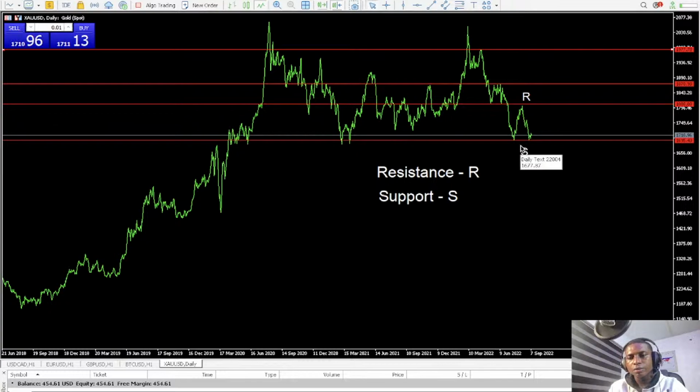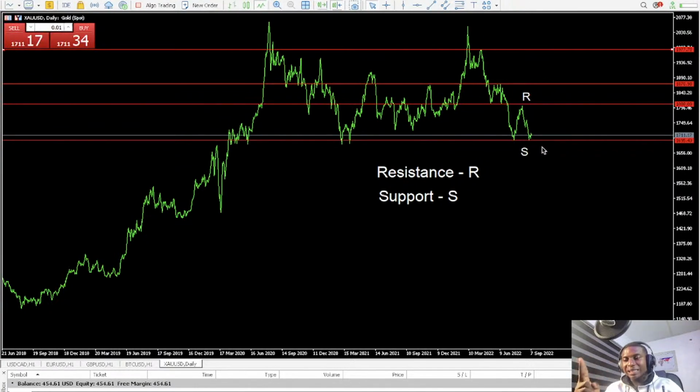Okay, good. We can see that price moved down, went up again, came down. Now price is currently at a support level right now.